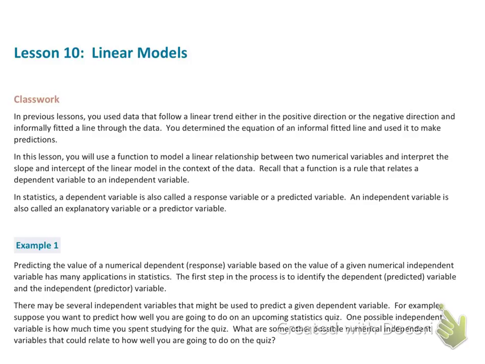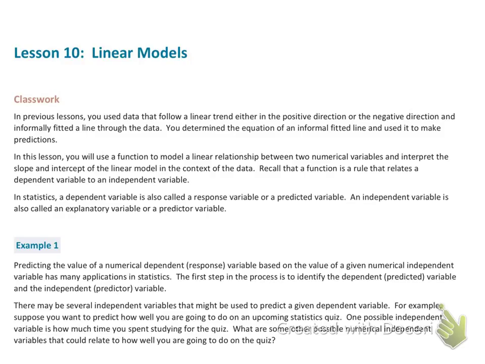But we're going to look more closely at the relationship between the two variables in these. Remember, these are bivariate, meaning two variables. And we're going to talk more about some terminology for variables. And we are going to do some interpreting of the slope again and the y-intercept in the context of different problems.